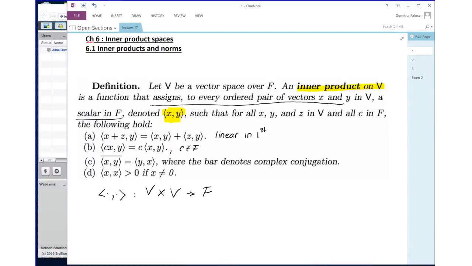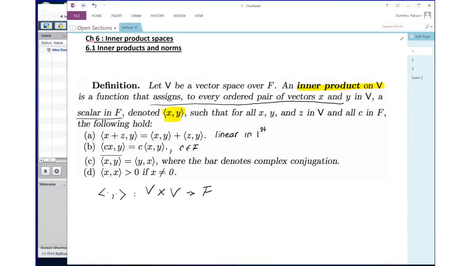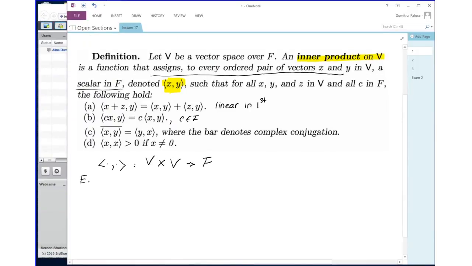Okay, so let's look at some examples. The standard example is on a vector space F to the n, which would be R to the n or C to the n. So let's start with, I don't know, 2 components, C squared.